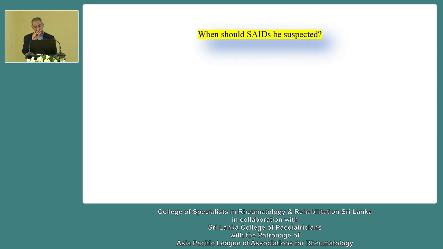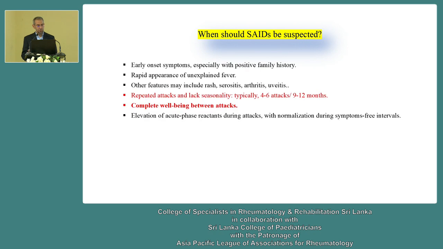Now, when should systemic autoinflammatory disease be suspected? I think this is more practical and we have to be aware of it. Number one, early onset symptoms, especially with a positive family history, and rapid appearance of unexplained fever, what we call unprovoked attacks.